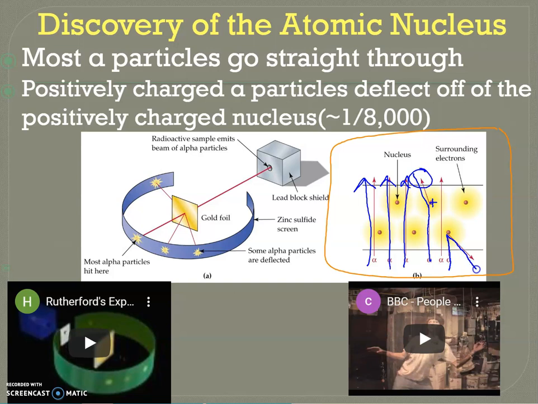Sometimes they can hit it straight on and deflect all the way back. So he found that this nucleus was really small. It happened every 1 out of 8,000 or so alpha particles.